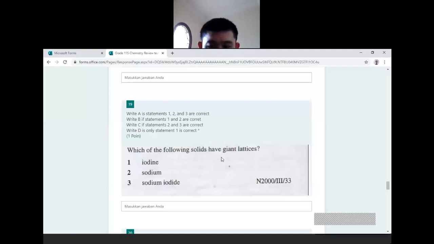An ionic compound will form a giant ionic lattice structure. Sodium will form a metallic lattice structure. Then iodine will form a simple molecular structure. Okay, thank you, teacher.